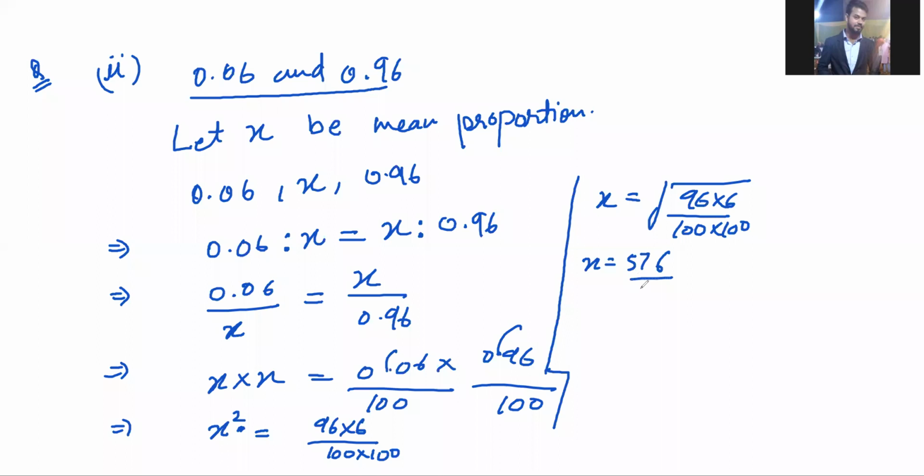(576 upon 100 into 100) in root. Okay. So x is equal to, so what is the value of root 576? Tell me, what is the value of root 576?